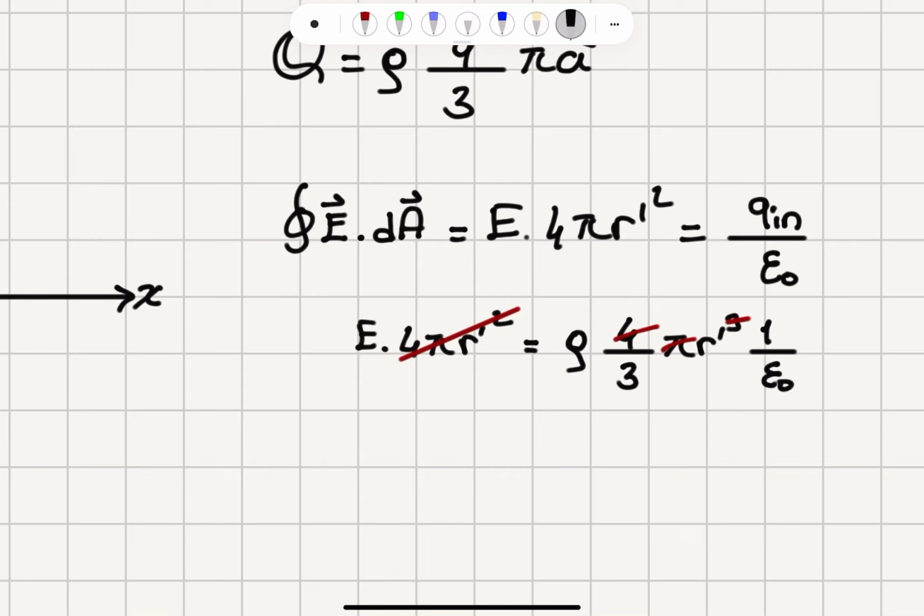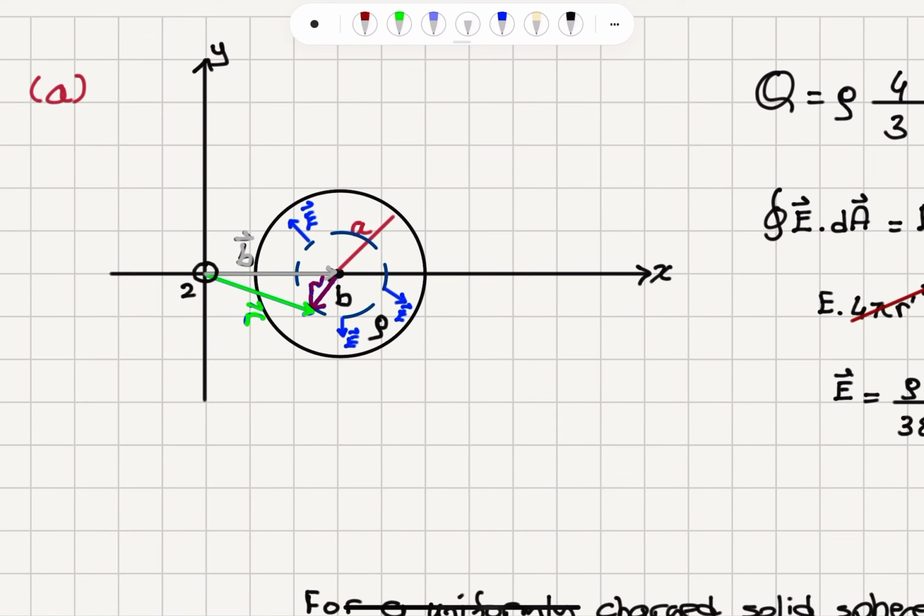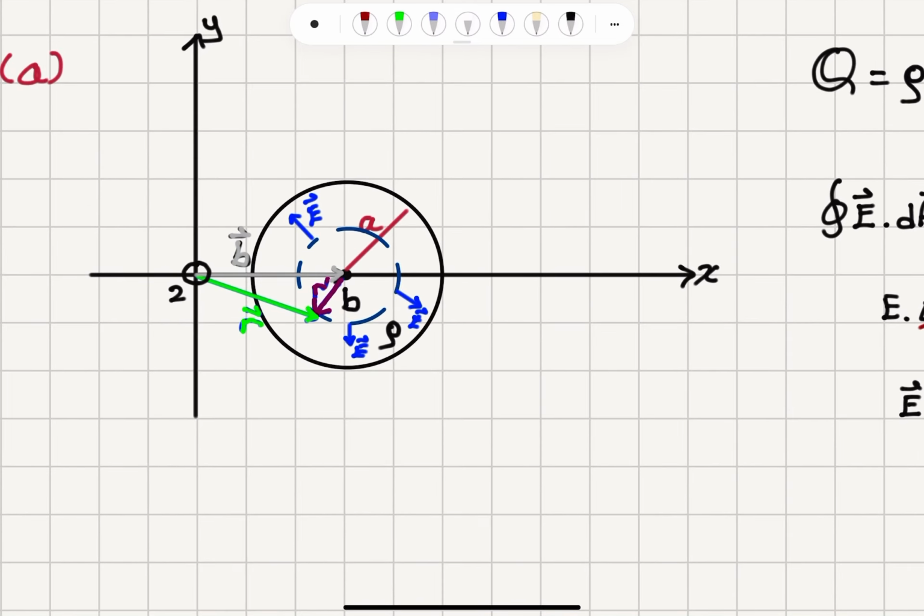So I conclude that the electric field vector will be ρ r prime divided by 3 epsilon 0 in the r prime hat direction, pointing radially outward. Now, what is the relationship between the b vector, drawn from the origin to the center of the sphere, the r vector, the radial position vector, and the r prime vector, drawn from the center of the sphere to any point in space?